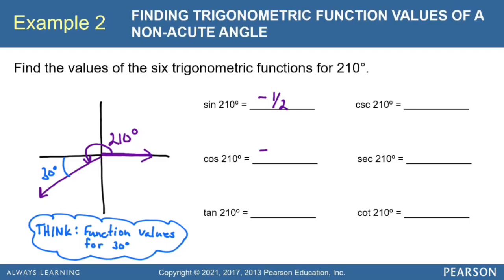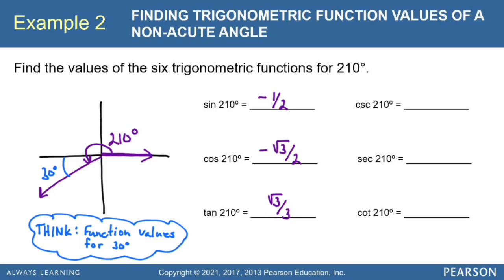And we know the cosine of 30 is square root of 3 over 2. So the cosine of 210 is going to be negative square root of 3 over 2. And then for the tangent of 210, we know that the tangent function is positive in quadrant 3, so we will not write a sign here. And then we think about the tangent value for 30, and that would be square root of 3 over 3. So the tangent of 210 degrees is going to be square root of 3 over 3.